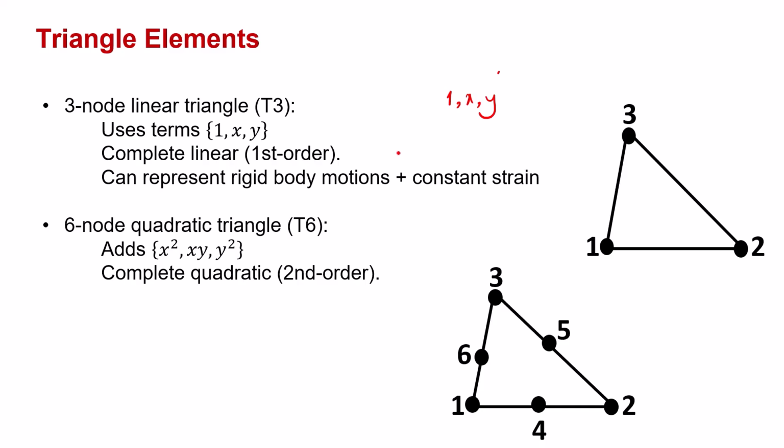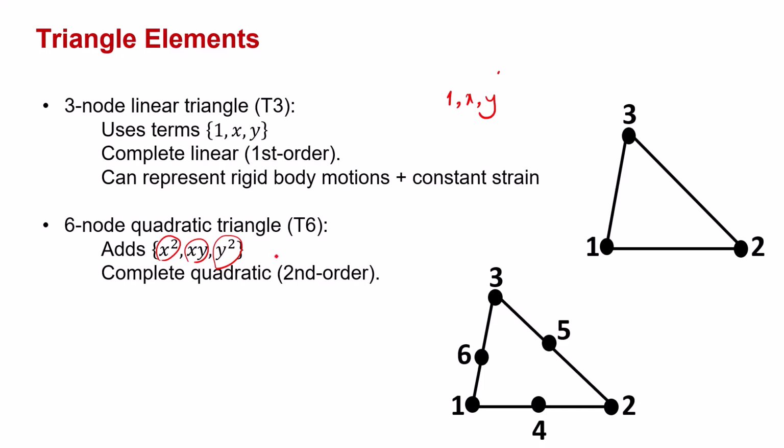Next, we have the 6-node quadratic triangle or T6 element. In addition to the linear terms, this element includes quadratic terms such as x squared, xy, and y squared. This makes the interpolation complete up to the second order, allowing the element to capture curvature in the displacement field.